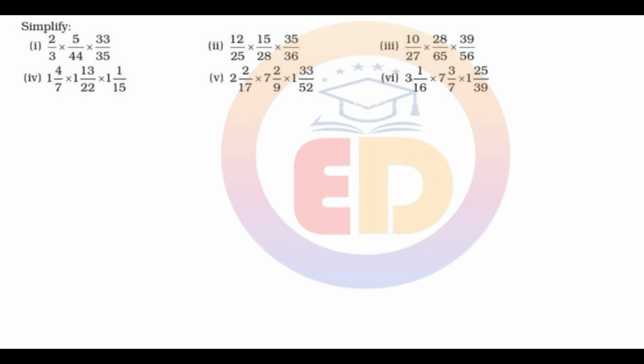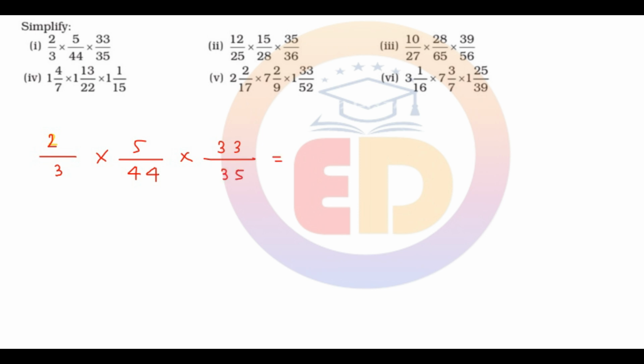Let us simplify these questions. The first one, 2 upon 3, multiplied by 5 upon 44, multiplied by 33 upon 35.